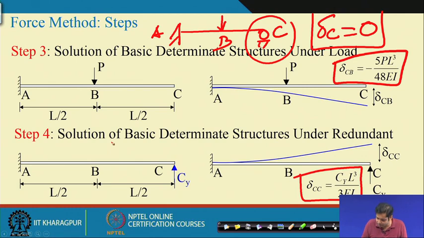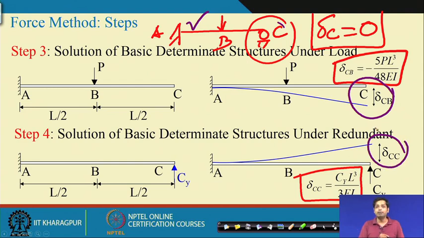So, the deflection at point C should be equal to the deflection obtained from this basic determinate structure plus the deflection obtained from this basic determinate structure, and that total deflection has to be 0. So, that is the additional equation that we have.